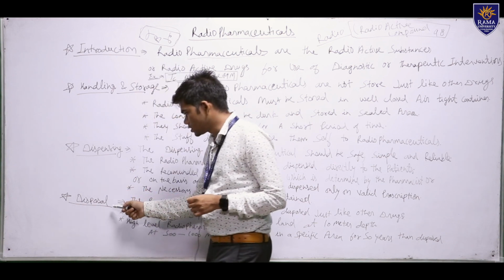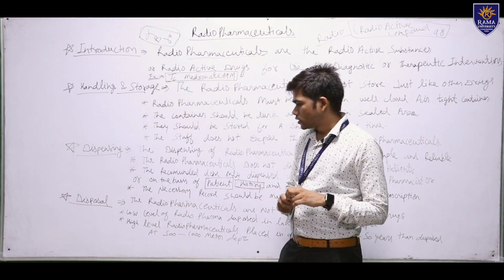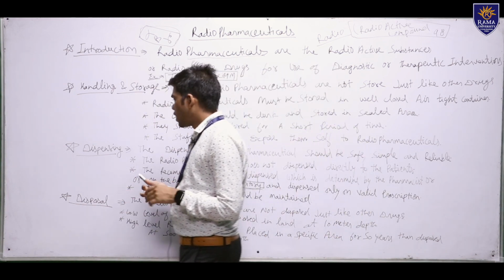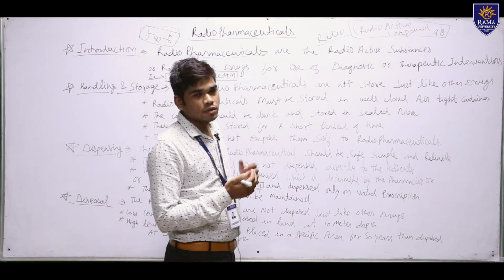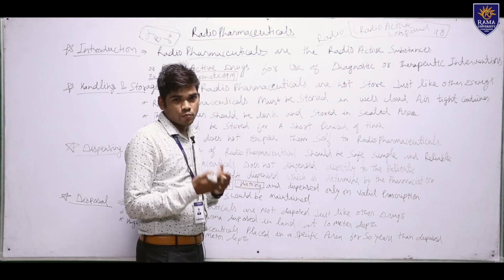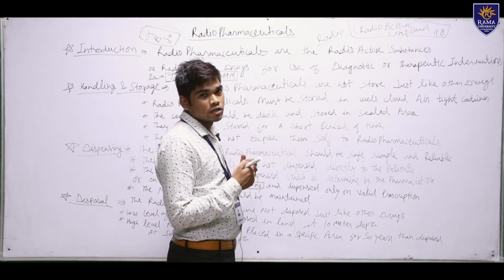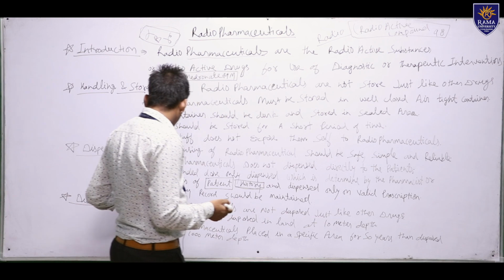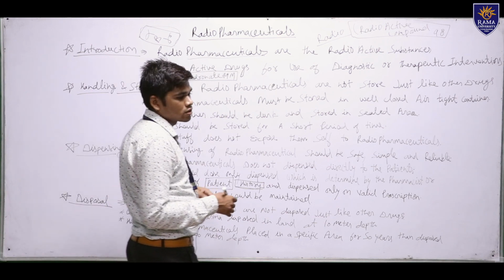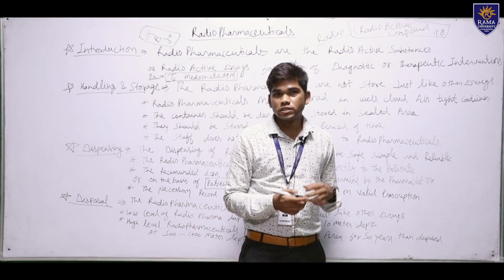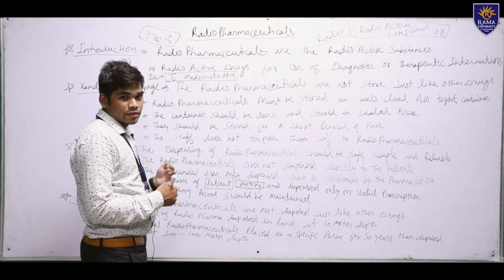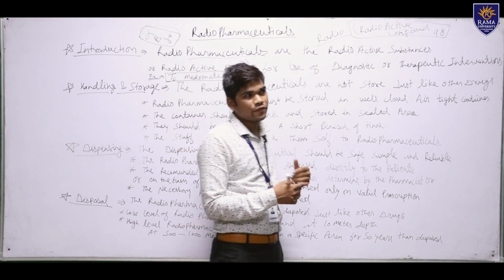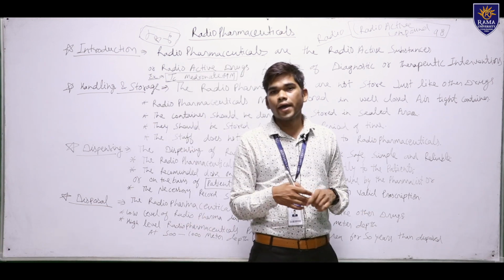Next point is disposal. How do we dispose of radiopharmaceuticals that have expired? They are not disposed of like other drugs, because they can produce harmful effects to patients or anyone.